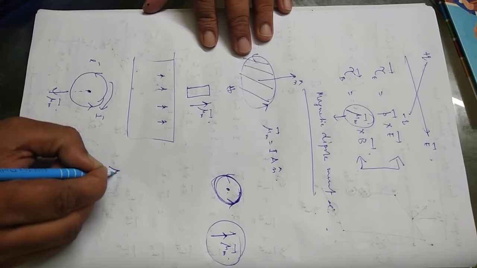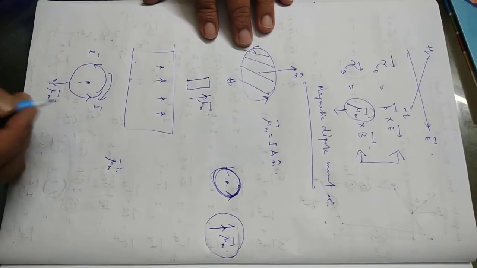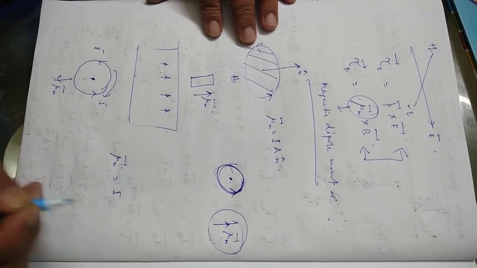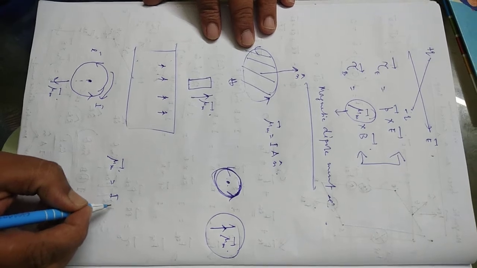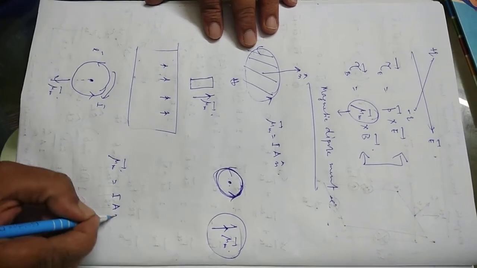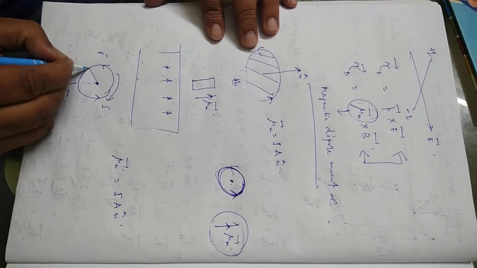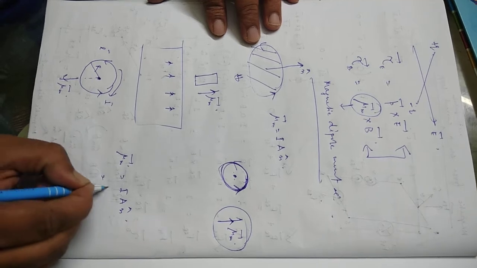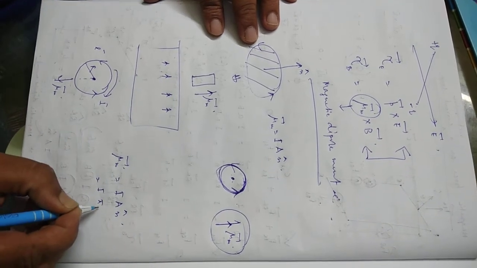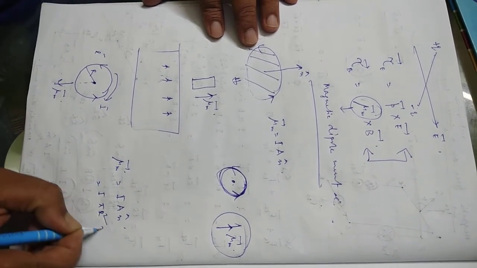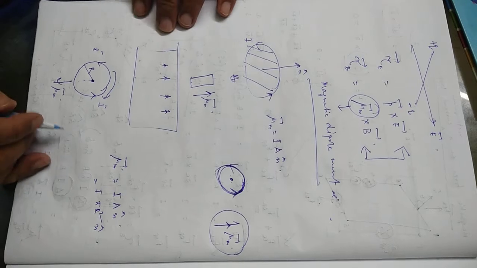The magnetic dipole moment will be I A n cap, where A is the area of this loop. Let's say it is a circular orbit, so I into pi r square n cap. That is the direction of the magnetic dipole moment.